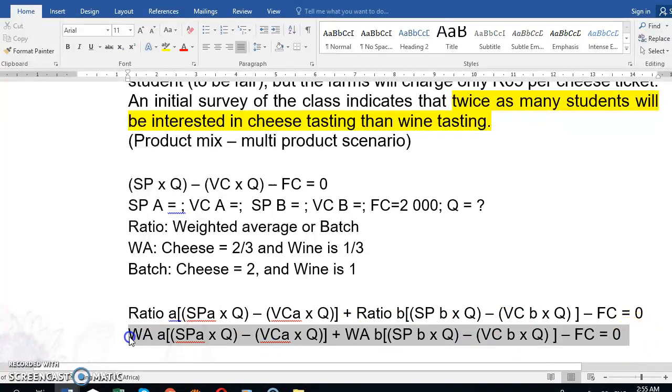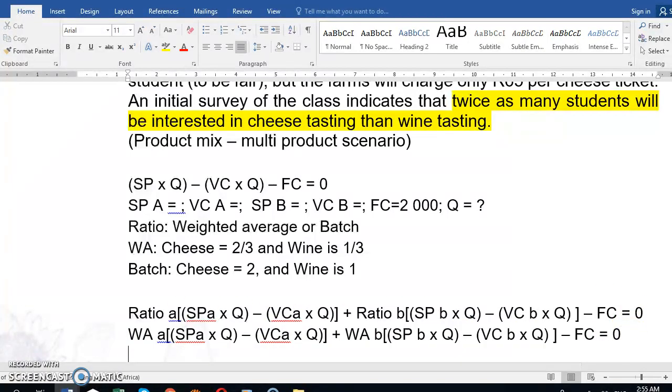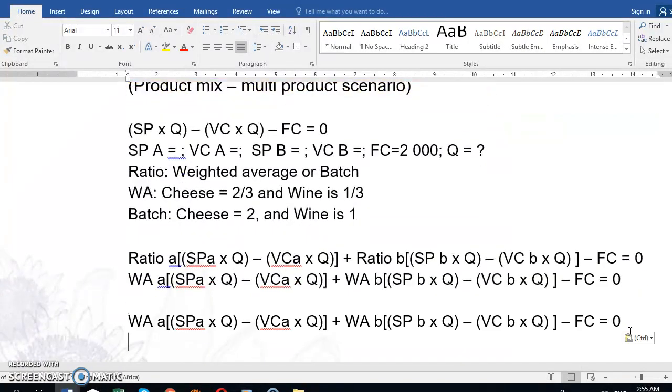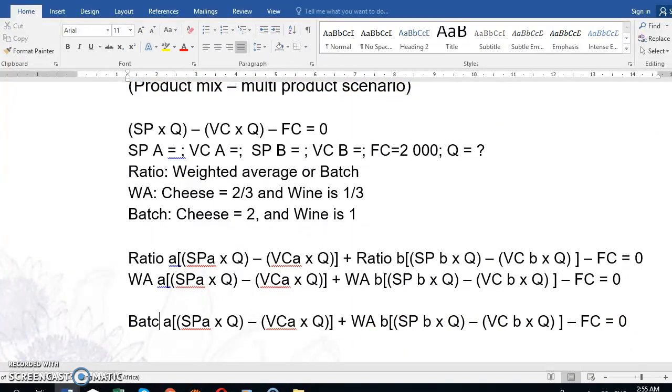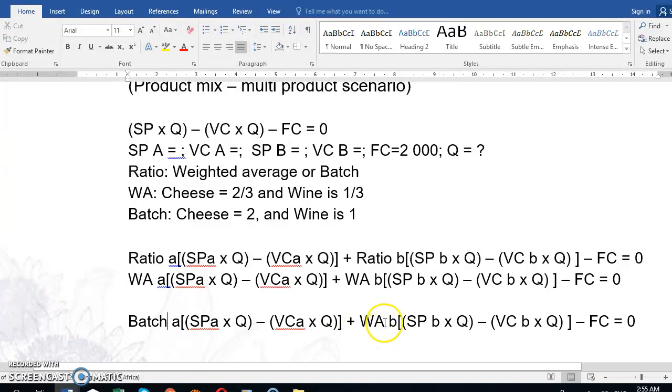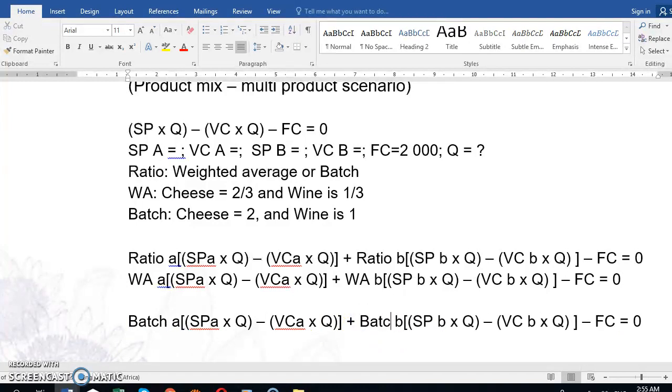Or you do the batch for A, and in front of the bracket it's the batch for B.